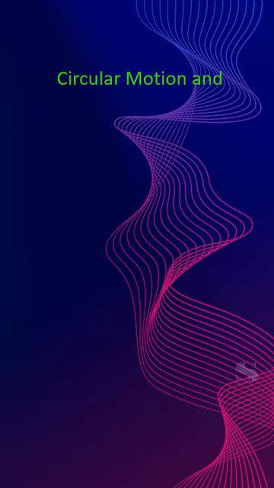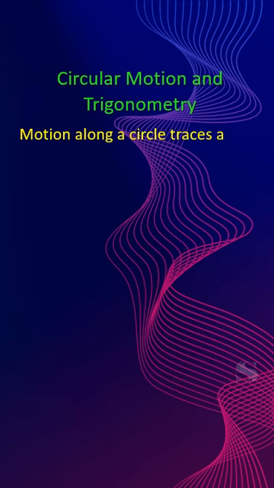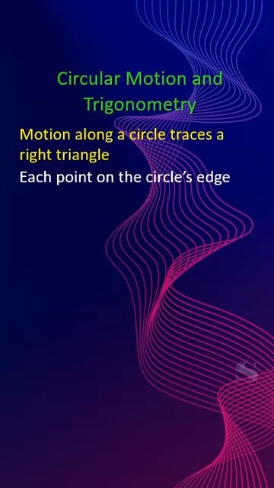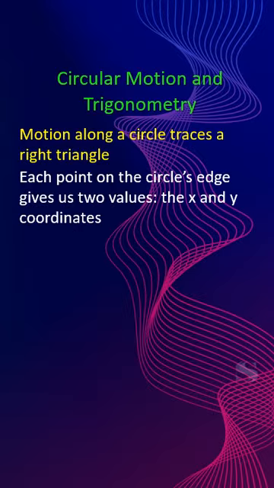As you watch the animation, notice how circular motion unfolds in 2 dimensions and how it forms a right triangle in motion. This is what makes trigonometry so useful here. Each point on the circle's circumference gives us 2 values, the x and y coordinates. These aren't just random numbers, and they represent the lengths of sides of the right-angled triangle.